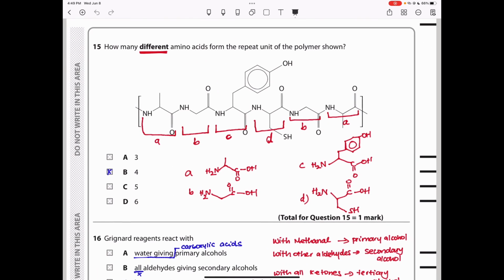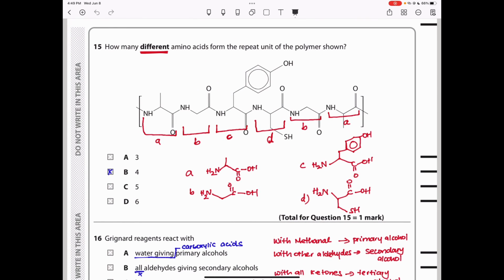We go to question 15. It says, how many different amino acids form the repeat units of the polymer shown? What I did here was observe where the connections are between the amine part of one amino acid and the carboxylic part of the other. So we have a connection here.